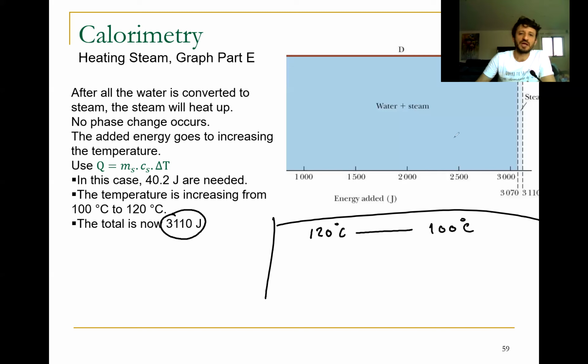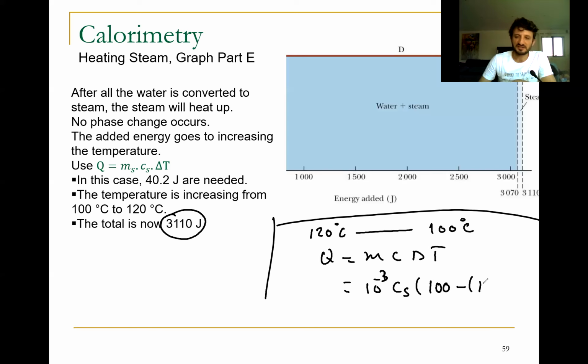In this case, we have steam to steam, so Q equals M C delta T. Okay, you know M equals 10 power minus 3, C of steam you can find. Delta T equals T final 100 minus the initial, 120. So the value will be negative.